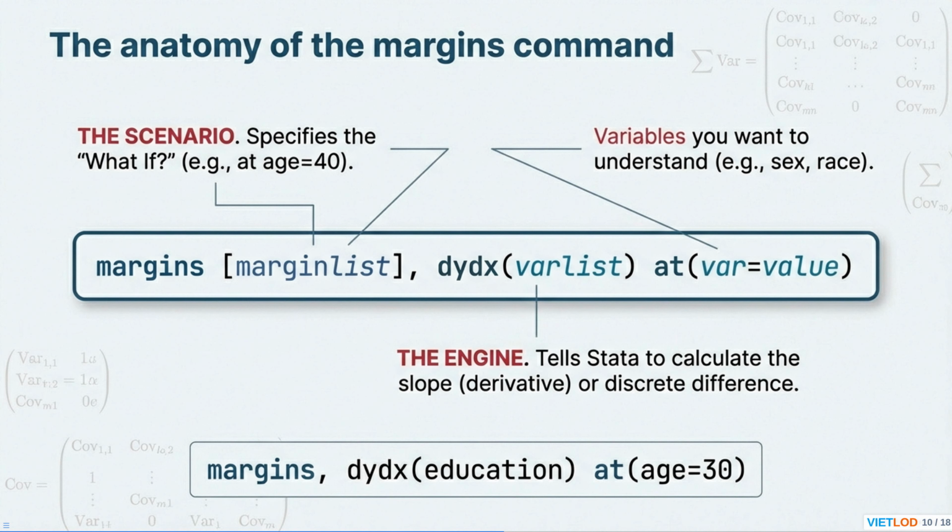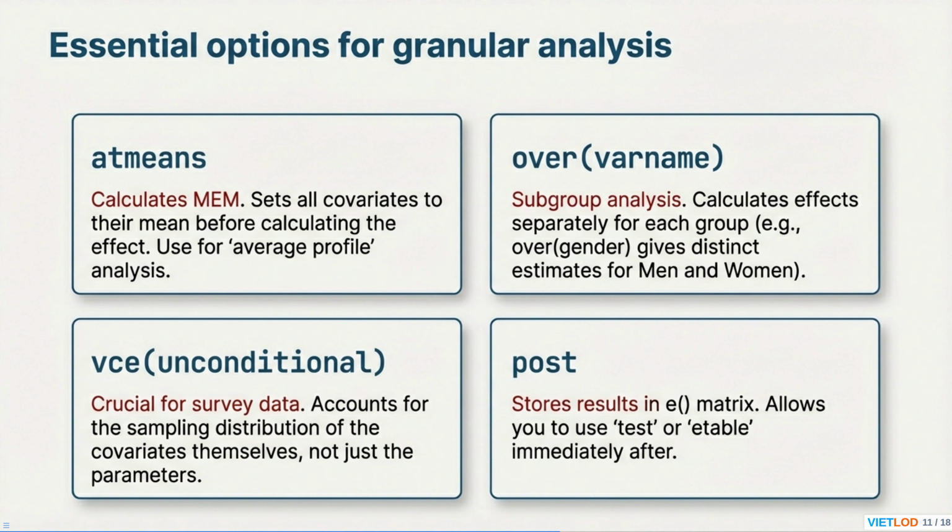To give you a concrete example, the command margins, dydx(education) at(age=30) asks Stata, what is the marginal effect of one additional year of education specifically for individuals who are 30 years old? This helps us answer very precise what-if questions. Other useful options include at((means)) for MEM, over(varname) for subgroup analysis, and post to save results for further commands like etable.